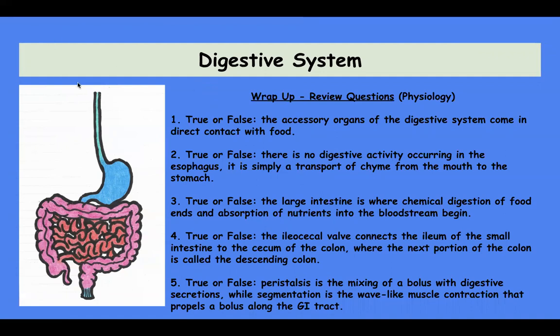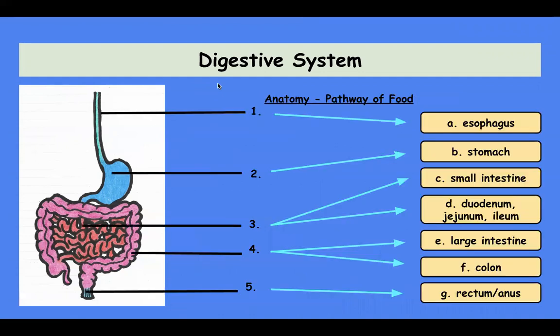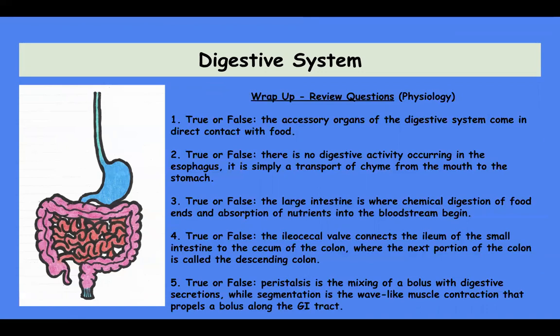All right. So for our last slide, the slide previously that I just did was basically identifying the anatomical structures. I didn't really go into the functions behind it. That's what these review questions are aimed to do.